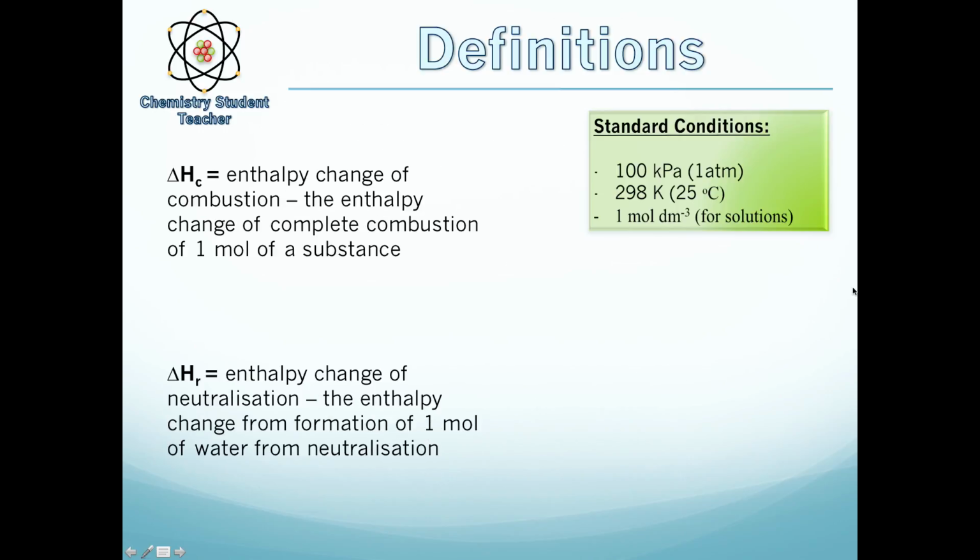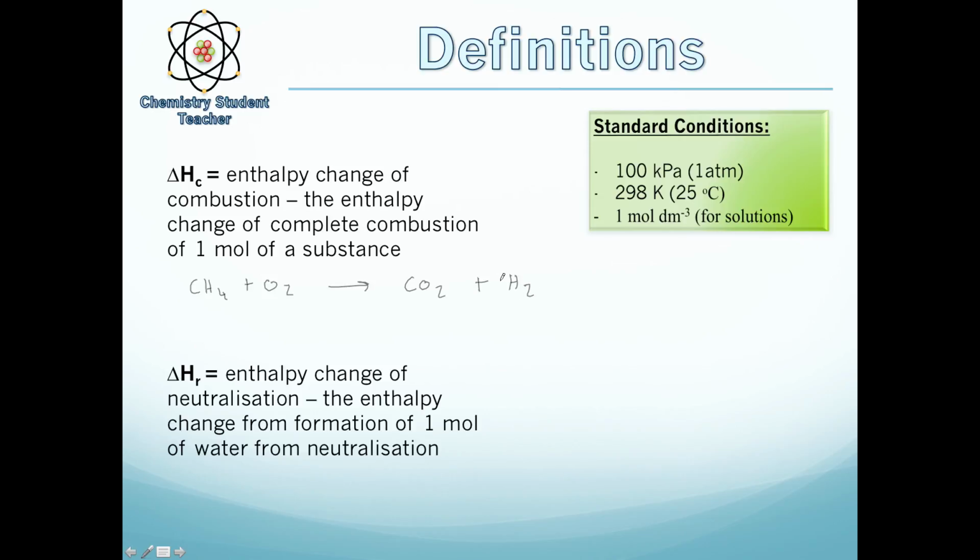So, the next two definitions are enthalpy change of combustion and enthalpy change of neutralization. Now, enthalpy change of neutralization is the bottom one, so we'll start with combustion. So enthalpy change of combustion is the enthalpy change of complete combustion of 1 mole of a substance. So, for example, CH4 and oxygen can react to form carbon dioxide and water.